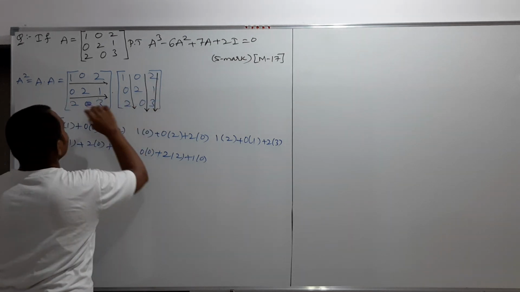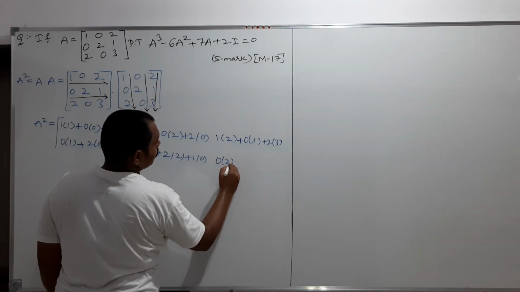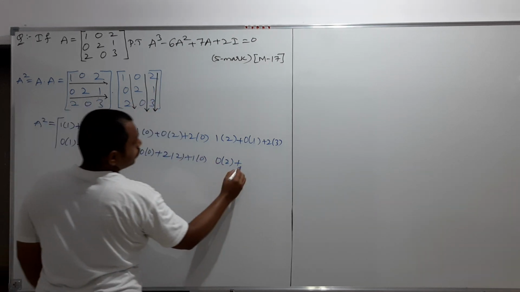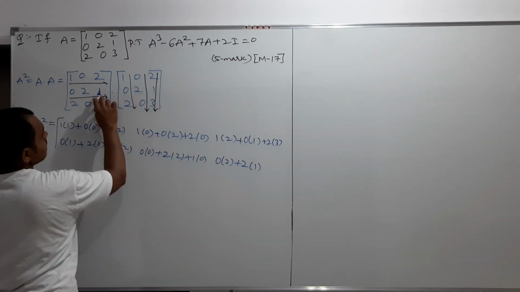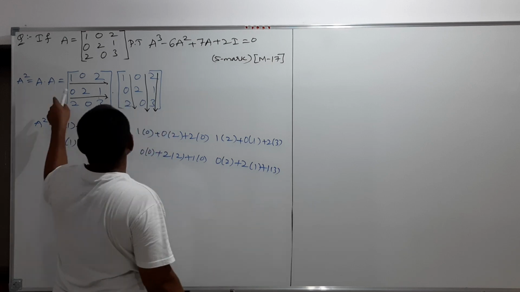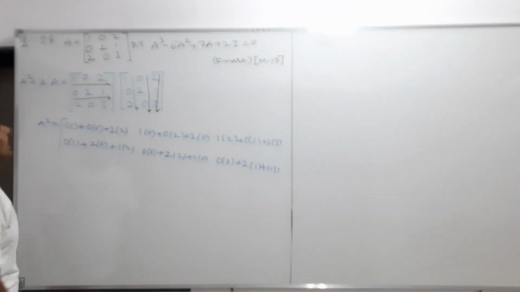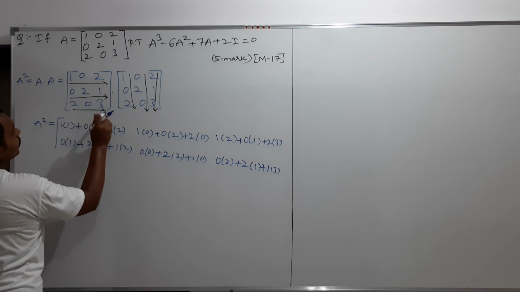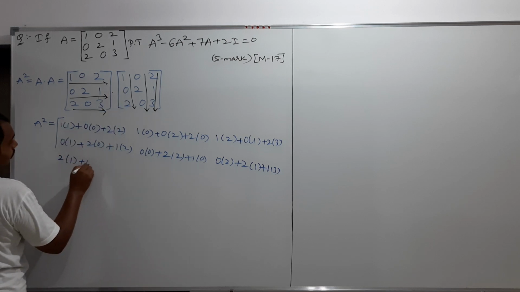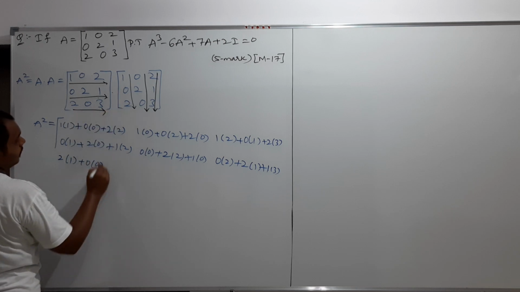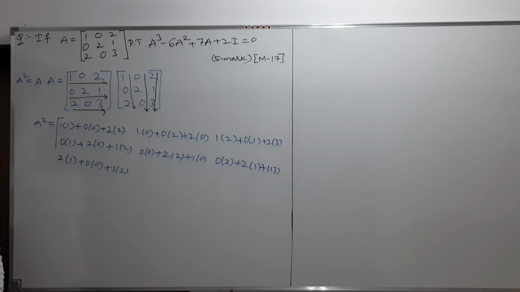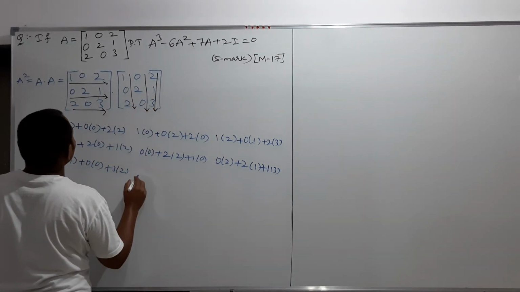Second row, third column: 0 into 2 plus 2 into 1 plus 1 into 3. Next, third row, first column: 2 into 1 plus 0 into 0 plus 3 into 2. Next, third row, second column.